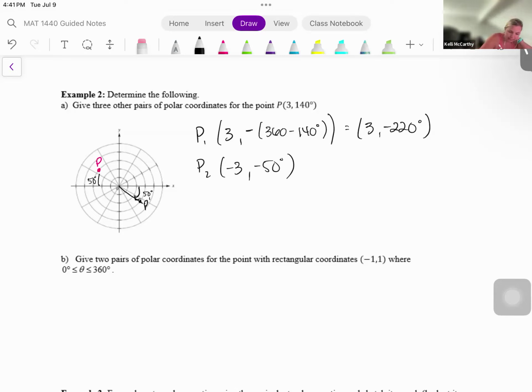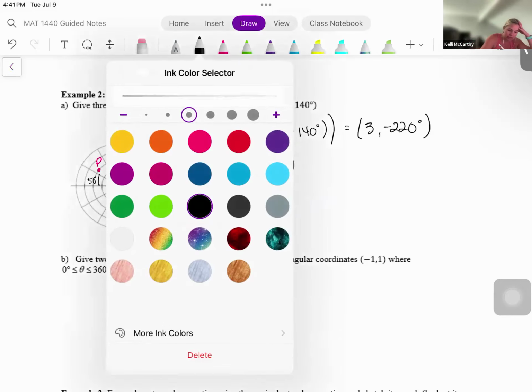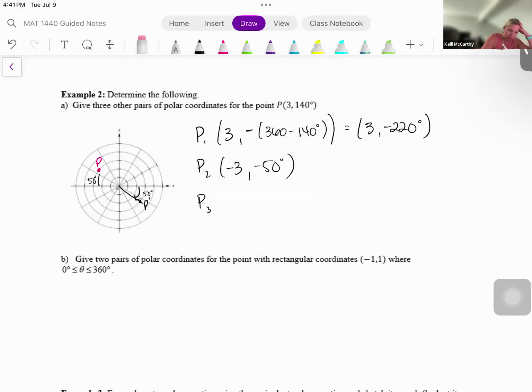Now another angle that we can use is still using that P prime, but rather than thinking about it as a negative angle measured clockwise, what would be the angle measure from our positive x-axis all the way to P prime, measured counterclockwise?